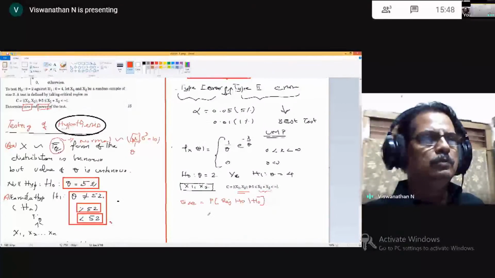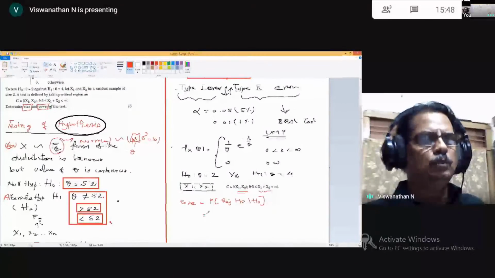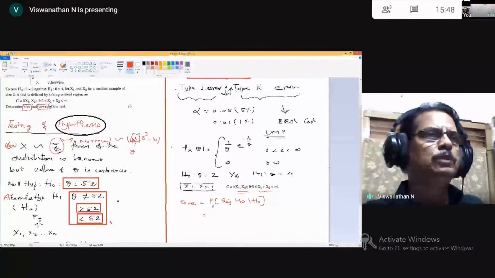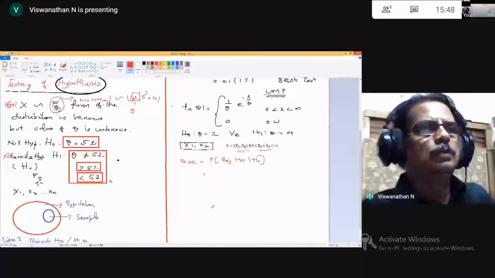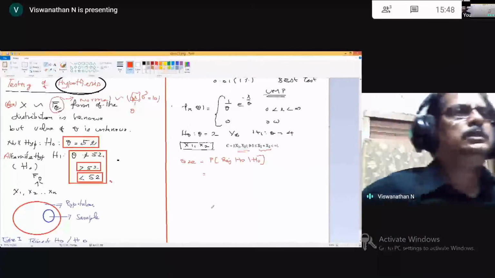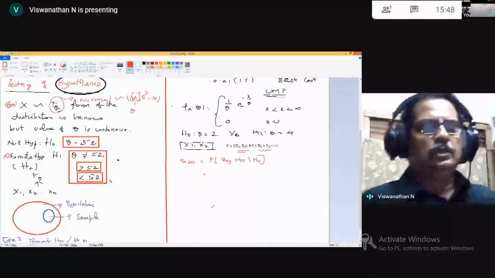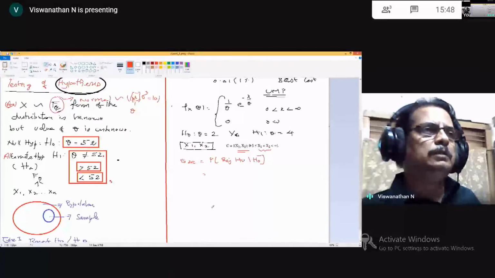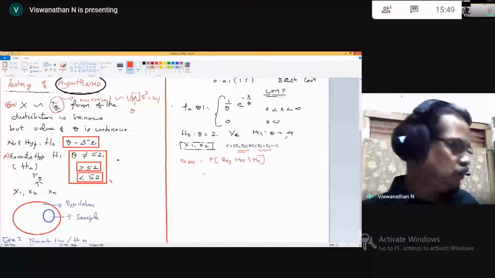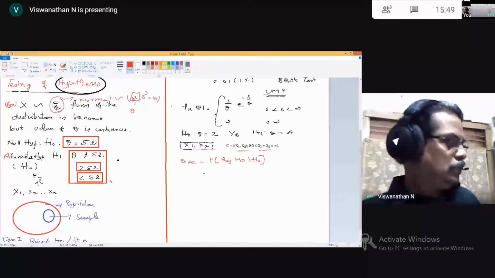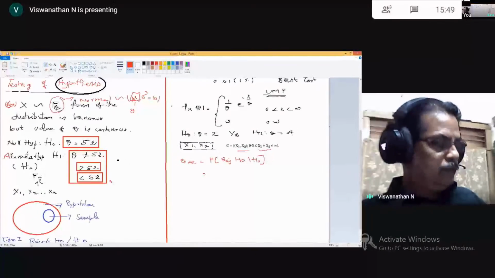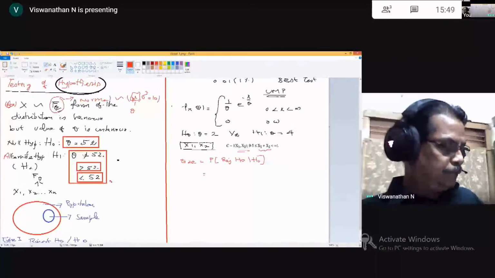Now we have 2 problems here. One is the problem associated with the concept of testing. Another one is the problem associated with the integration, or so to say, the problem associated with the distribution of x1 plus x2. So we should be very careful which way we proceed.